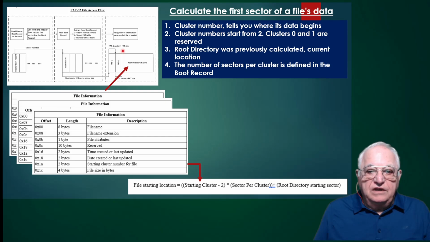So we start from here, and then we add the number of clusters, or number of sectors, I should say, and that gets us right there. So we want to figure out what sector. Clusters times sectors per cluster tells us the number of sectors, and then we start from here, add our sectors, and then we read our sector. We got our data. So let's figure out how we do that.